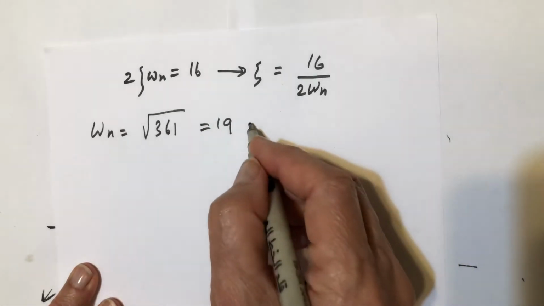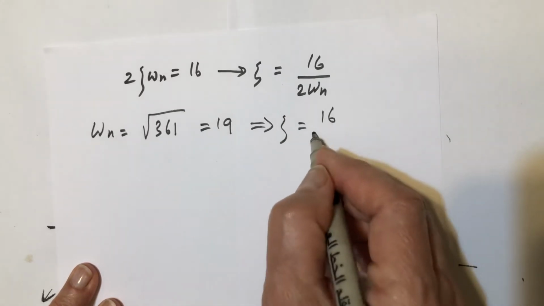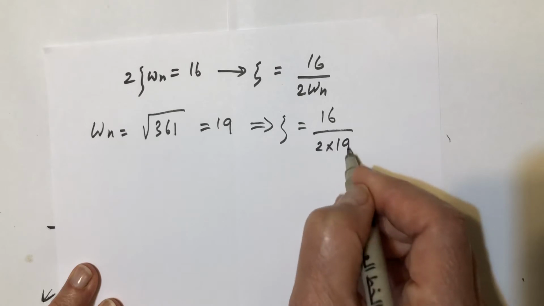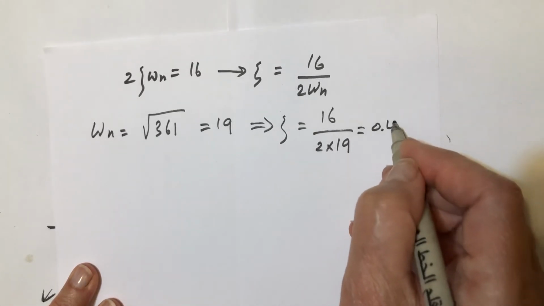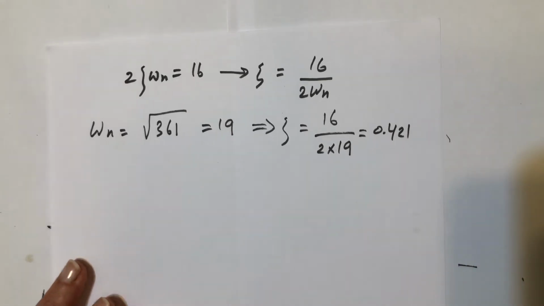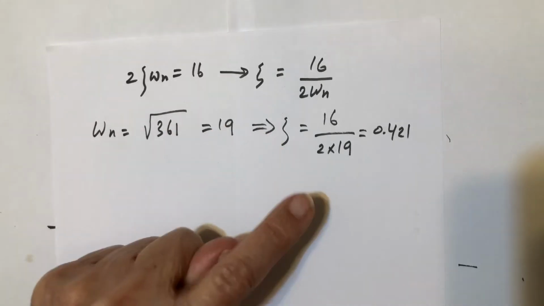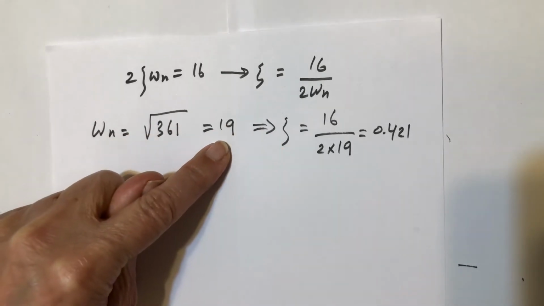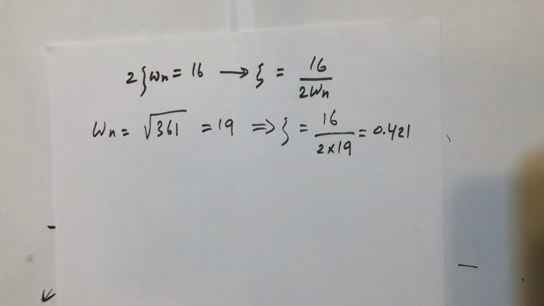Okay, so zeta equals 16 over 2 times 19, which equals 0.421. Zeta is dimensionless, don't forget. I forgot to put here, omega n is a frequency, so it's rad per second. Right, this is the first thing required in the question.